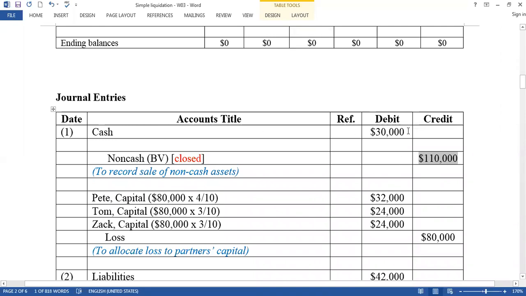And how much cash do we receive? We receive $30,000, and debit and credit are not equal because cash is the fair market value. Comparing book value and fair value, we receive less money, so the remaining is the loss. The loss is $80,000.